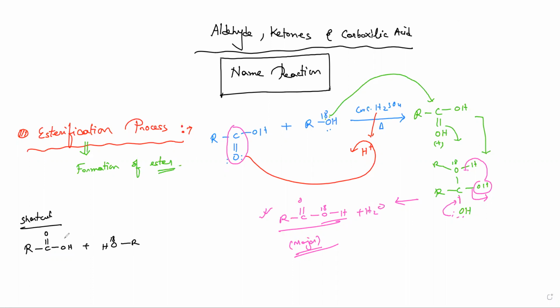You have to remove OH and H, that means you have to remove water, and you get RC double bonded O, water. This one is an ester.